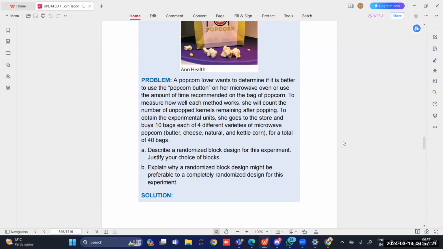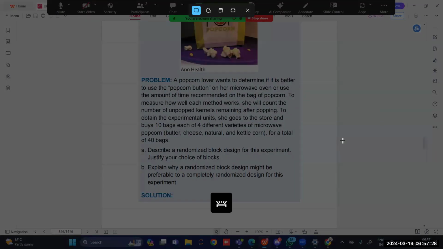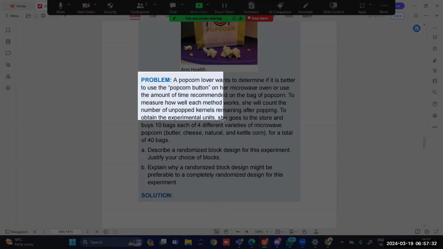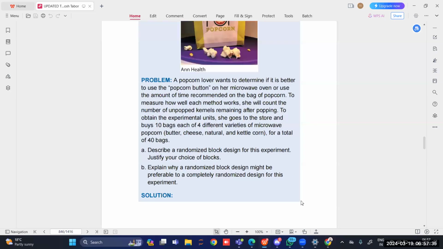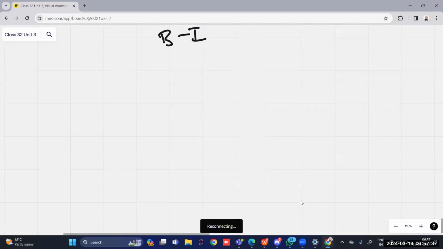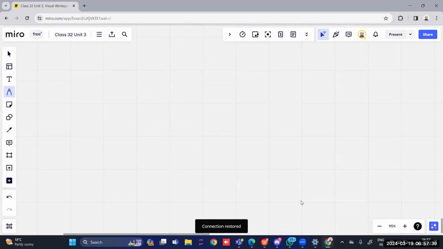I guess the randomized block design is... Yes, describe a randomized block design for the experiment. Okay, we'll take this on our board. Very interesting example, by the way.